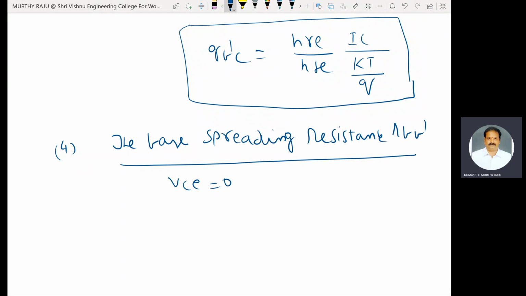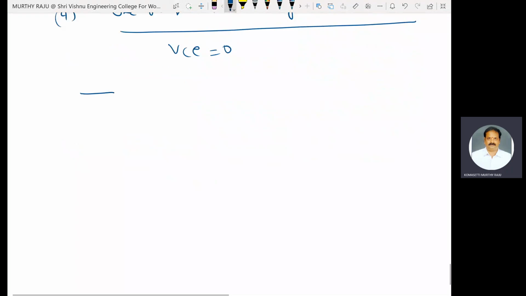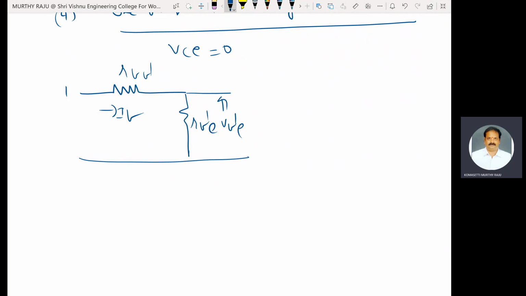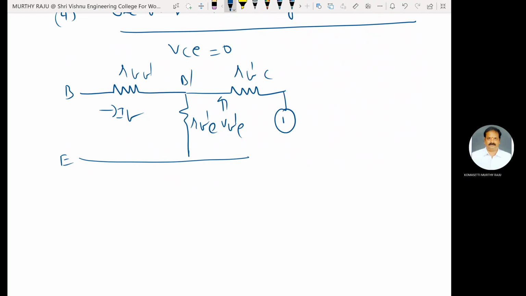Consider both these models. First model is RBB dash, IB, RB dash E, B dash emitter, some feedback resistance RB dash E. This is GM into VB dash E, RCE.